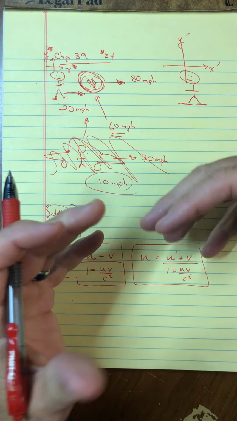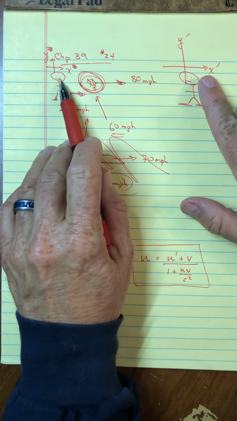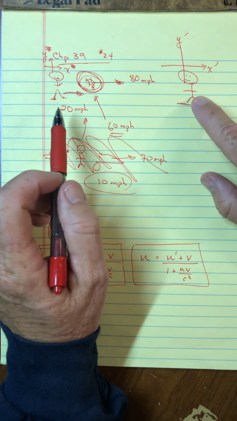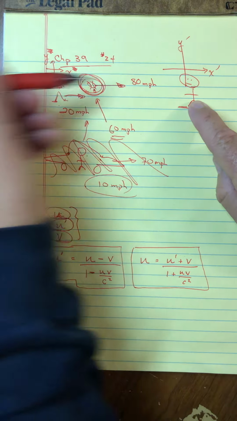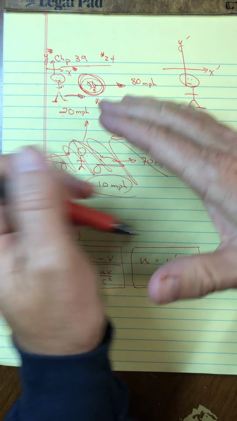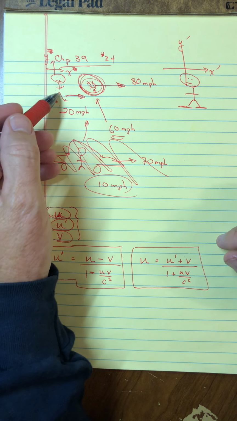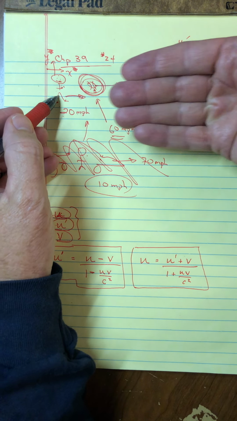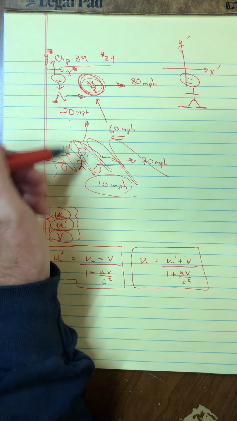And it's important we say from the unprimed system, because when you switch these, the magnitude's the same, but the direction is different. For example, if we call this the unprimed system, the batter, then the pitcher is moving in the positive direction at 20. But if we were to call this the unprimed system, from the pitcher's point of view, the batter is moving towards the pitcher at a speed of 20, and it would be a negative 20.